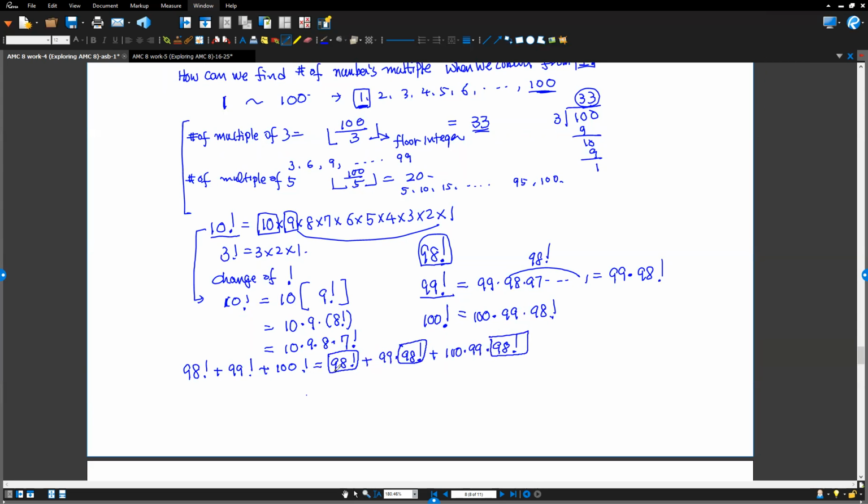That's the same number, so 98 factorial comes out. Inside is 98 factorial divided by 98 factorial, 1, plus 99, plus this number, 9900.